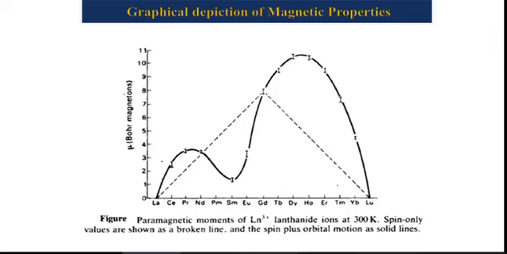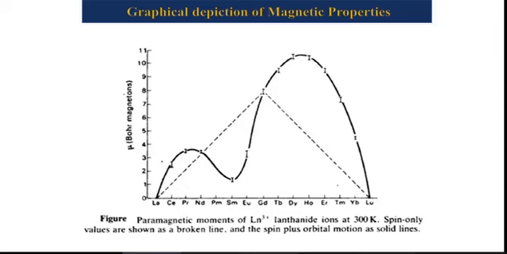Notice how this type of curve is obtained in the case of the solid line: two humps. Whereas in the case of spin, the broken line, only one highest point is obtained, and it belongs to gadolinium.